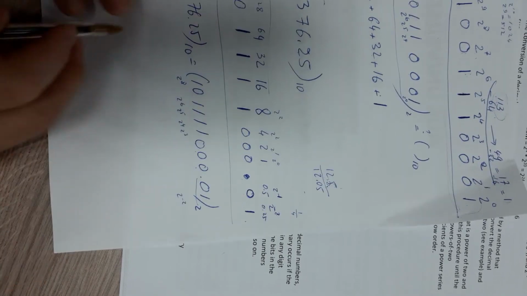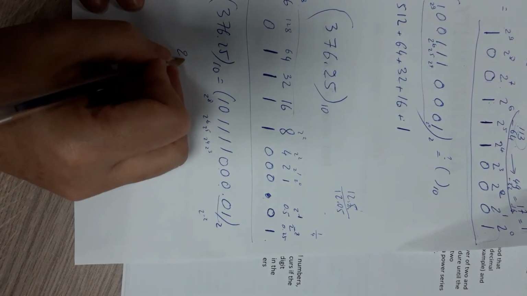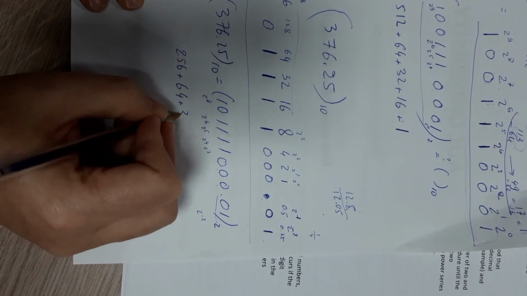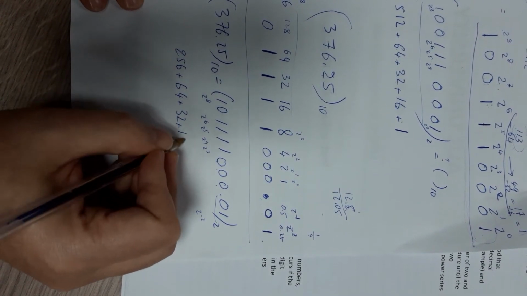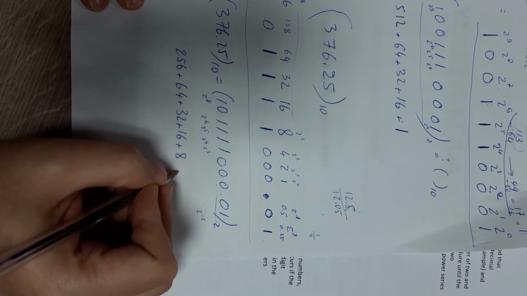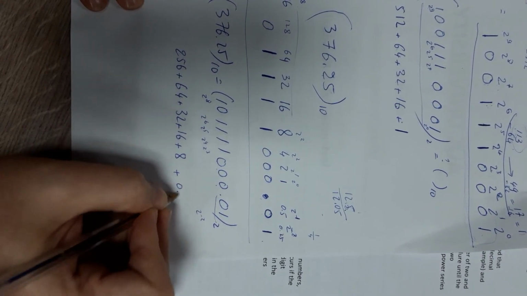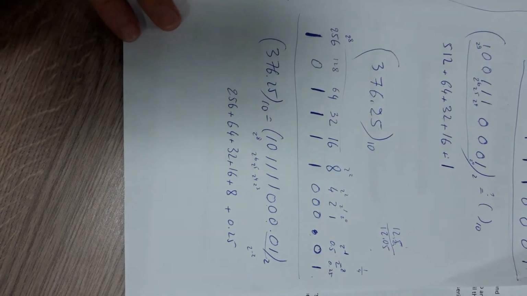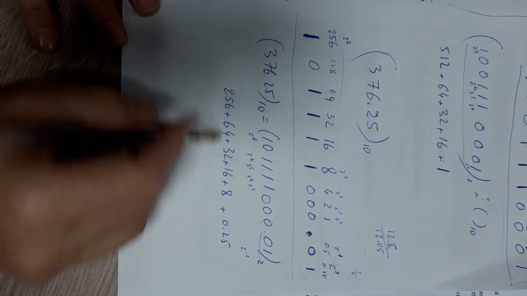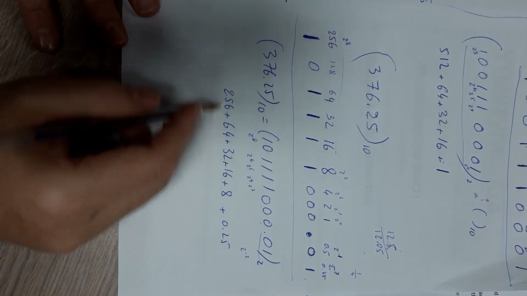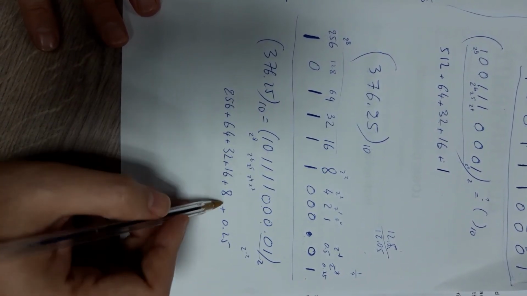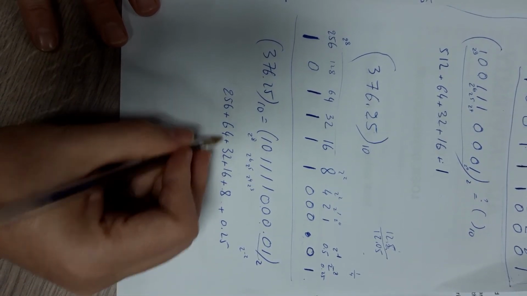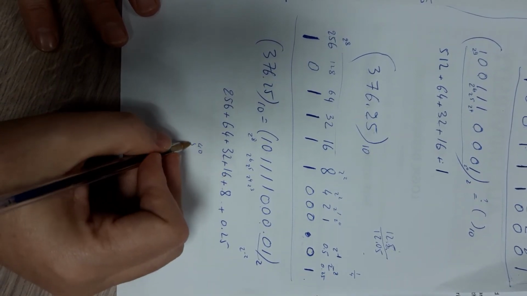I just add these powers. 2 power 8 is 256, 2 power 6 is 64, 2 power 5 is 32, 2 power 4 is 16, 2 power 3 is 8, and finally 2 power minus 2 is 0.25. Add these in base 10, as you know, okay? 32 and 8 is 40, okay? 64 and 16 is 80, okay?